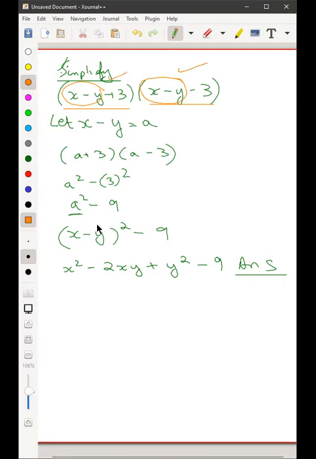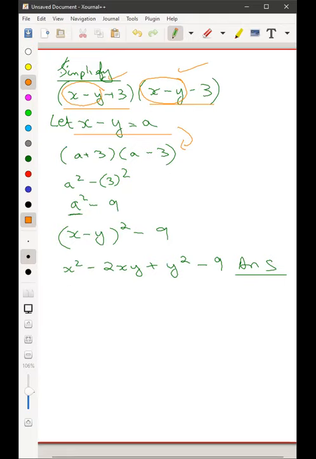Start looking for these kinds of patterns which will help you simplify. So if we put x minus y as a, I could have directly solved it with a plus b into a minus b, and the solution becomes easy. Otherwise, it was almost very difficult to solve this, right? You would have to do a trinomial into a trinomial. But since we identified and replaced, we could solve it very easily.